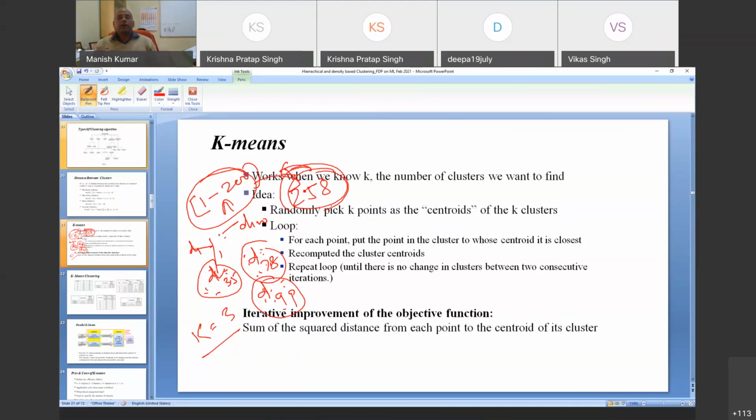In the next iteration, we take the mean of the data points of C1, then C2, then Cn, and then we move forward to redistribute the points into the clusters. This process goes on until there is no change in the clusters between two consecutive iterations. If you reach that point, you can stop. Whatever clusters you are getting are the final clusters for you.